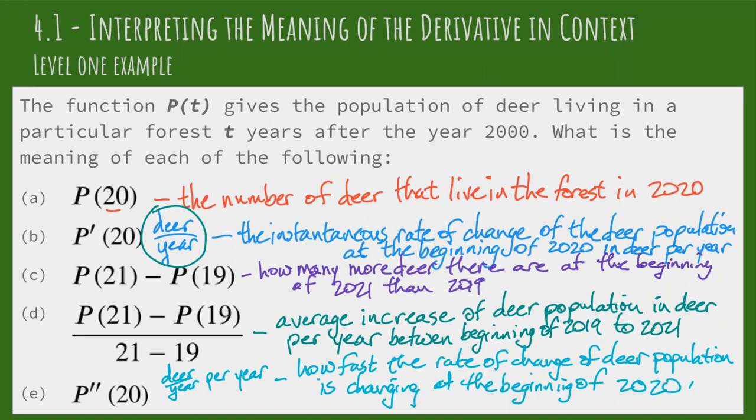And then we should also include units in deer per year per year. So the first deer per year is how fast the population itself is changing. And then the second per year is telling us how fast that rate is changing. So it's the instantaneous rate of change of an instantaneous rate of change.